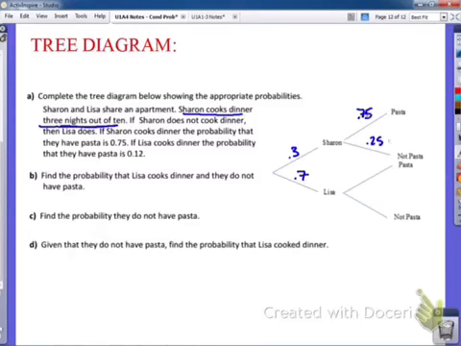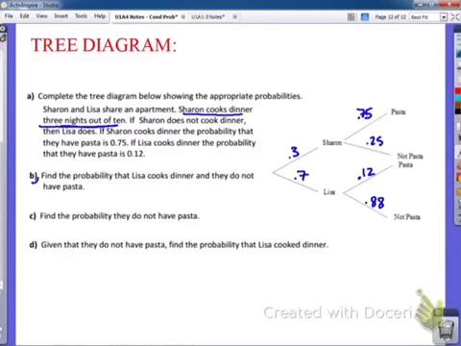Now, if Lisa is cooking, what's the probability that they have pasta? 0.12. You got to write that in. And so if Lisa's cooking, what's the probability that they do not have pasta? 0.88.